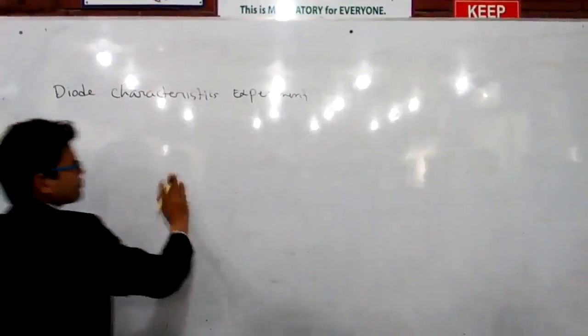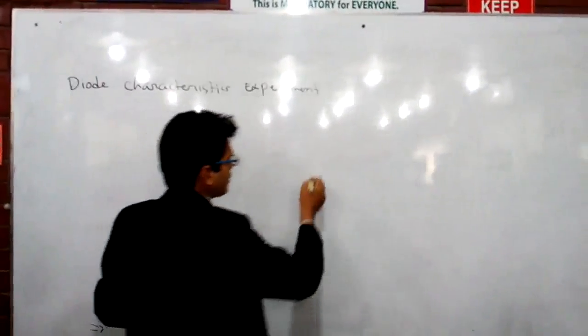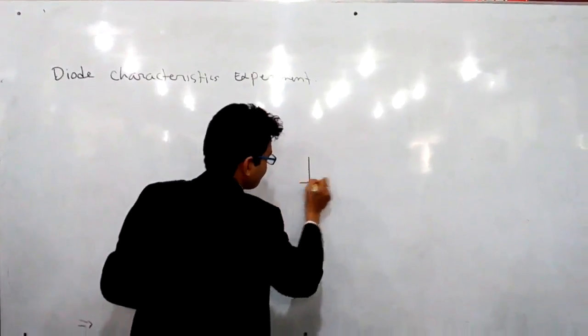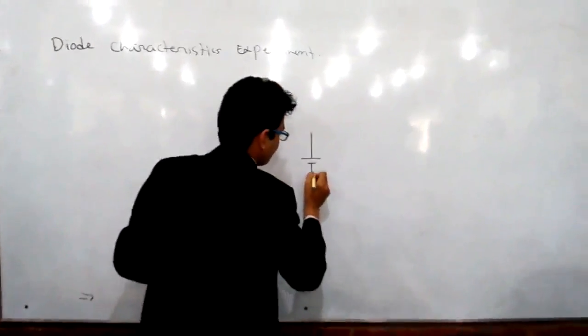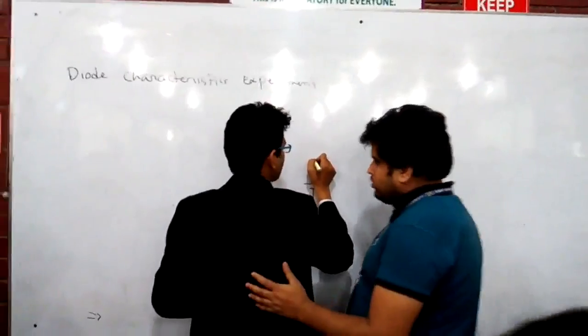Okay. So let's draw the circuit diagram. We'll have a fixed voltage source.